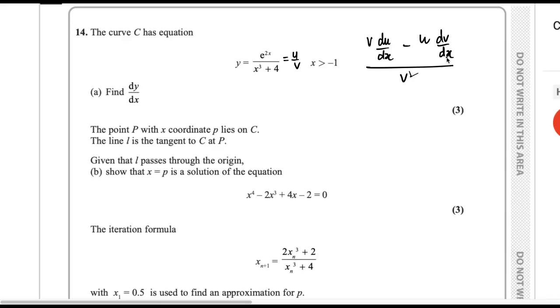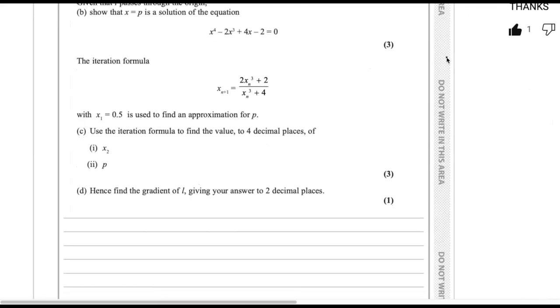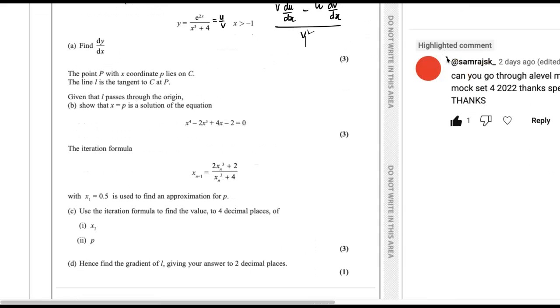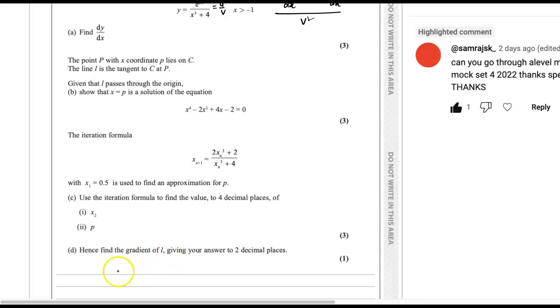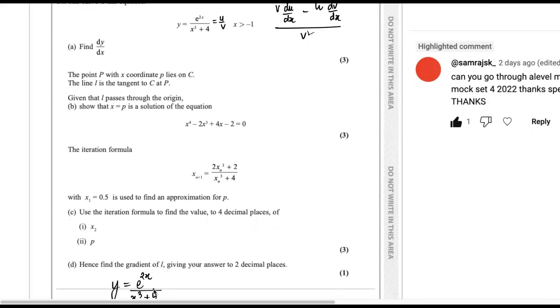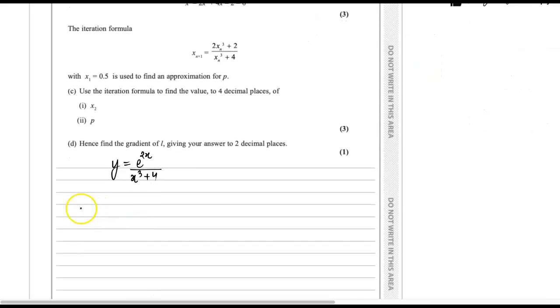Okay, so let's start. I will be taking the question down. y is equal to e to the power 2x over x cubed plus 4. Is it correct? e to the power 2x over x cubed plus 4. So dy by dx will be, we need to be very patient.